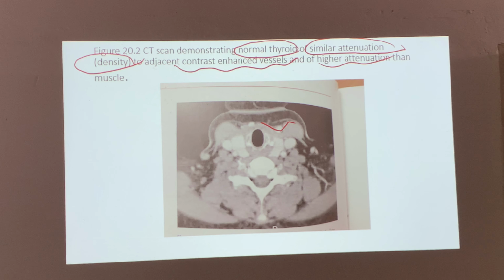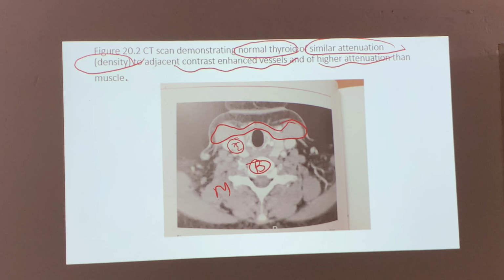This is the thyroid gland in the CT scan, in front of the trachea, which we have to identify with common sense. This is the bone, and these are the muscles. I'm poor at identifying this, but I think these are the blood vessels that have got contrast enhancement. Contrast enhanced blood vessels, these are the ones.